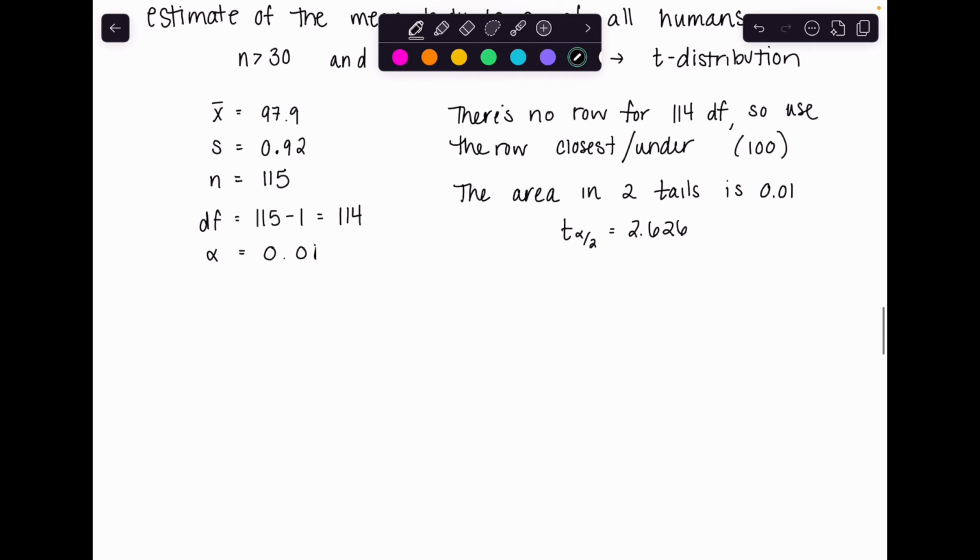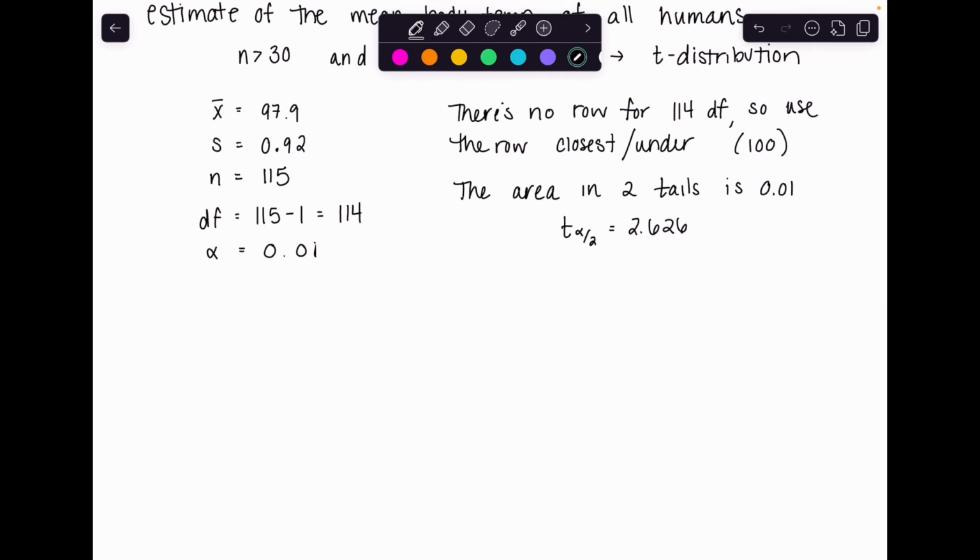So now that I have all of this key piece of information, we can find the margin of error. So E is given by that critical t value times the sample standard deviation divided by the square root of the number in our sample.